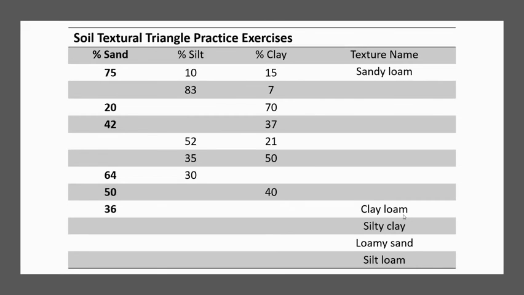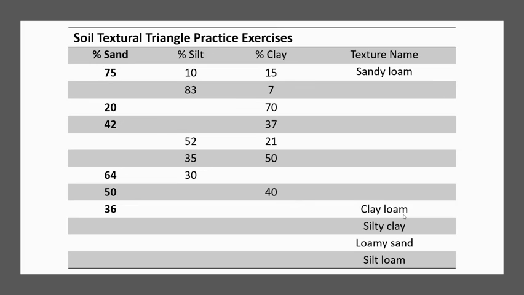So what I want you to do, you can copy this down, but you want to figure out both the percentage of the different materials that are there, and then figure out the texture name. So for the first 3 problems here, there's only one thing missing. So you need to make sure all the numbers add up to 100.